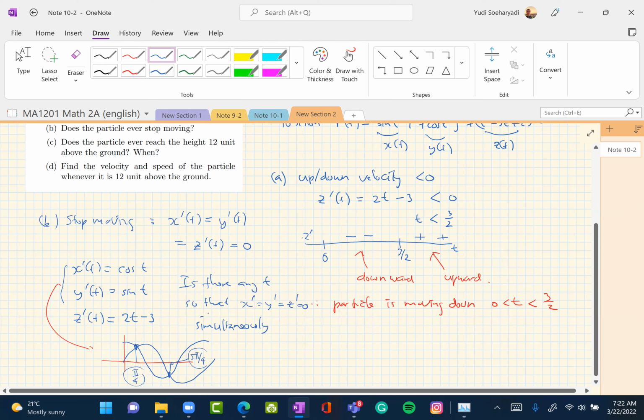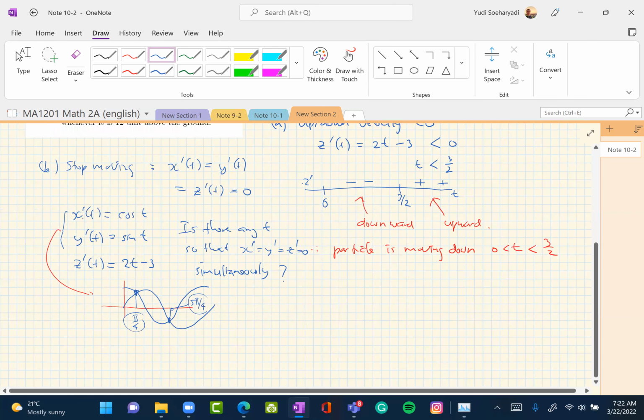Apparently no, because x prime and y prime are the same only at certain points, and at different points they are distinct. So no, not possible.